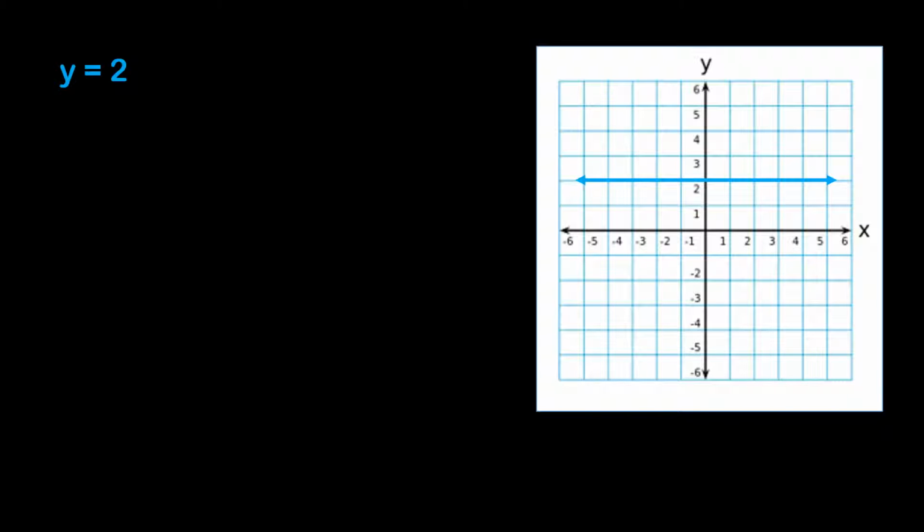If y is equal to negative 3, you would sketch the line so that y is always equal to negative 3, and it would intersect the y-axis at negative 3. Okay, so in general, that is how you're going to approach that kind of question. If you're given y is equal to some number, you sketch a horizontal line that intersects the y-axis at that y value.